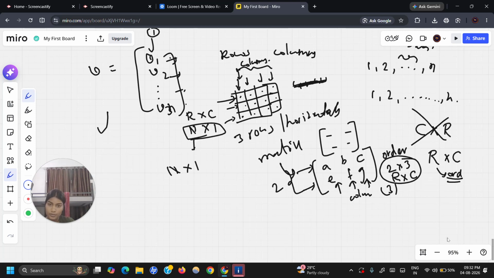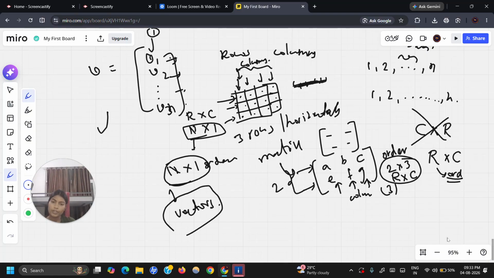These n cross 1 order matrices are called vectors. Okay. You can also write like this: v equals v1, v2, v3, and so on, vn.